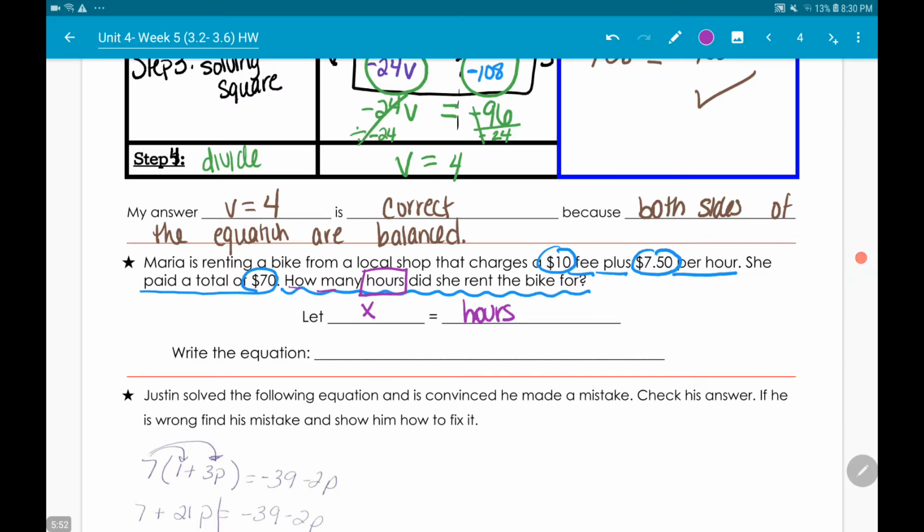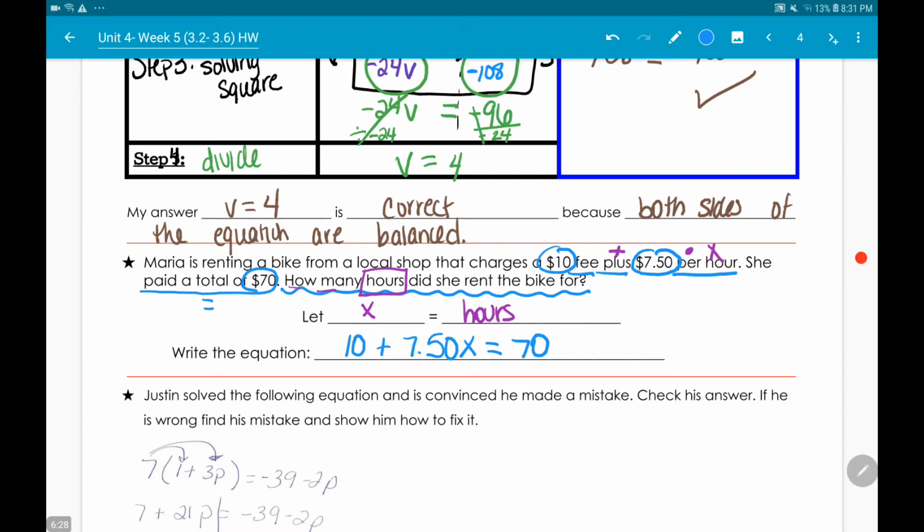And we know we have a $10 fee plus $7.50 per hour, and we said x equals hour. So let's write it as an equation exactly how we see it. So we have 10 plus 7.50x, and a total, which means equals 70.